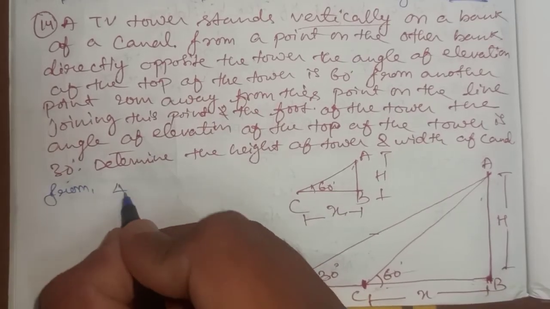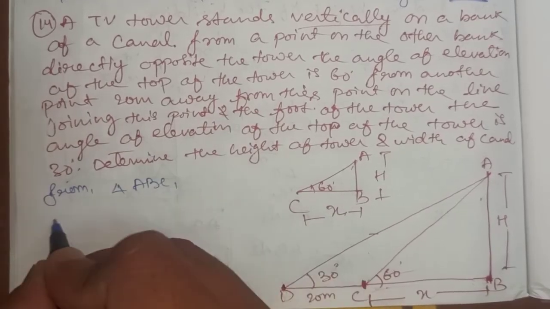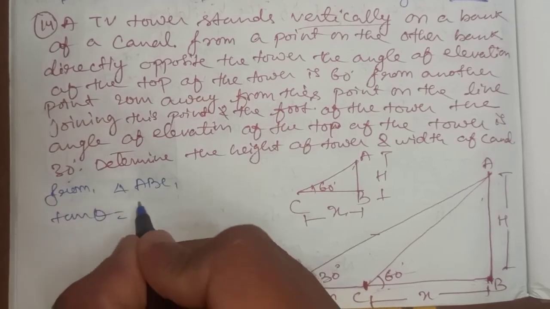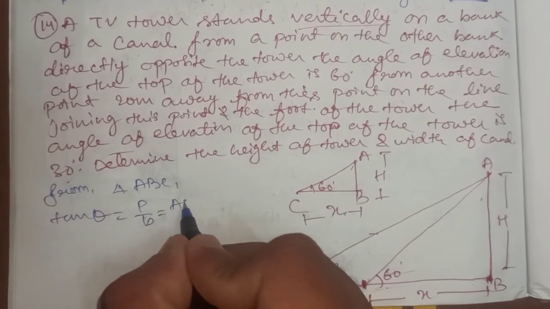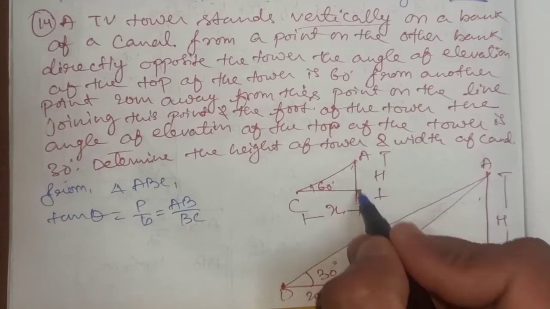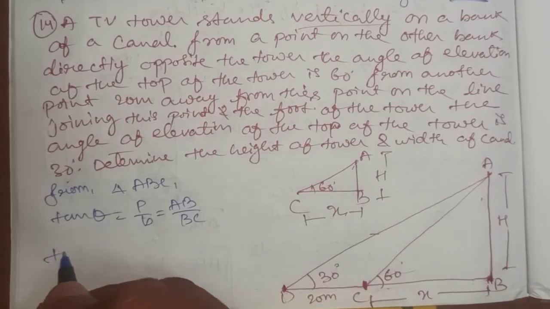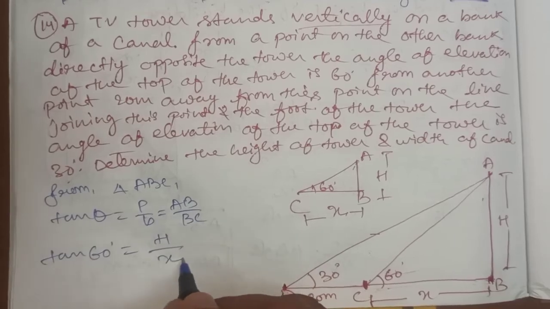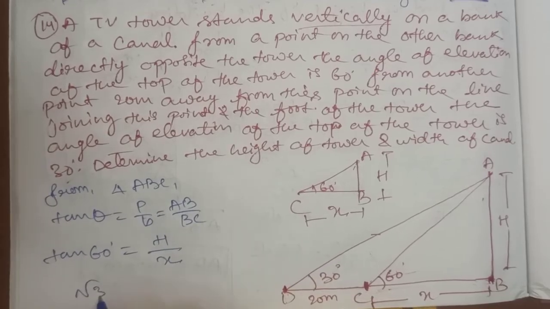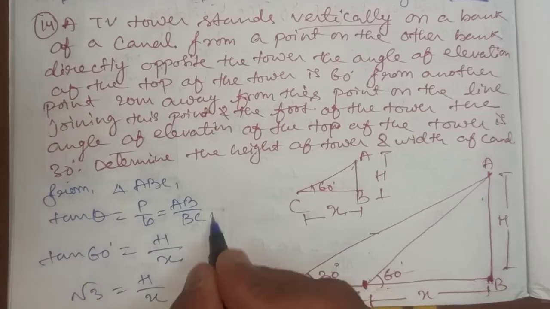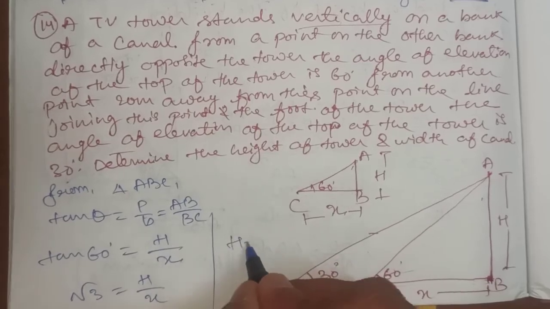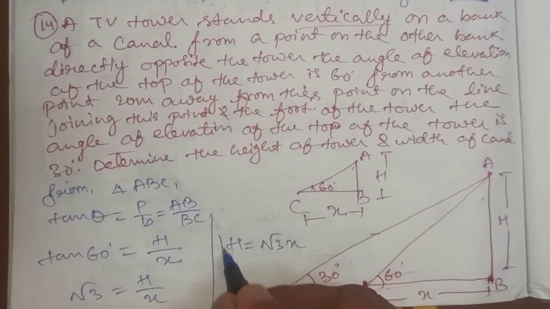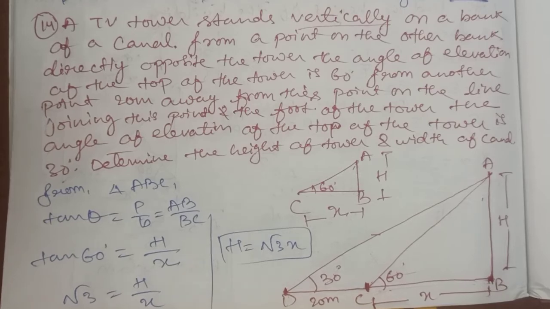From triangle ABC, tan theta equals perpendicular by base, that is AB by BC. Tan 60 degrees is root 3, so root 3 equals h by x. So we will get h equals root 3 x.